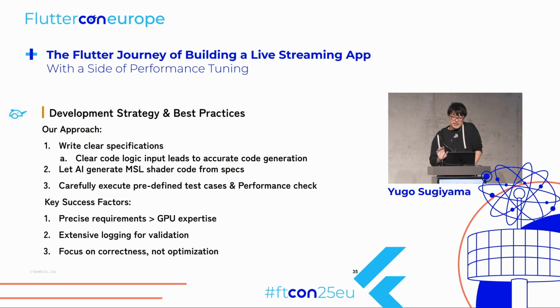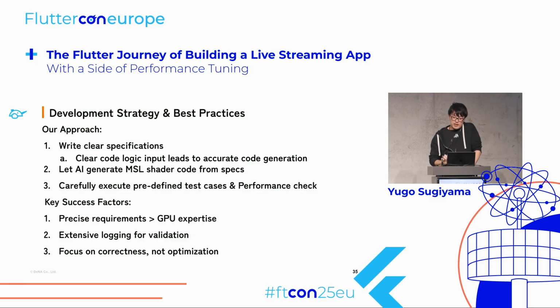Next, AI generated the MSL shader code from these specifications. I focused on correctness over optimization, leaving GPU-specific syntax to AI. Finally, I did verification and performance tuning, providing feedback to AI to refine the implementation.